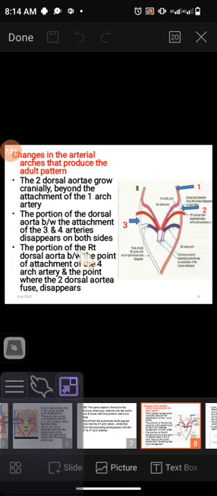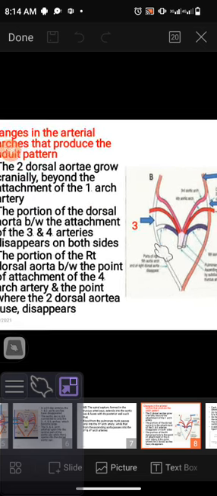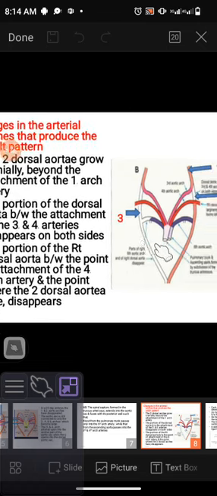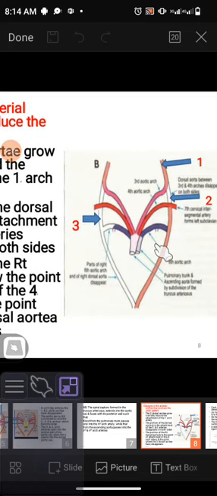Changes of the arterial arches that produce the adult pattern. Okay, what really happens? There are going to be some changes.